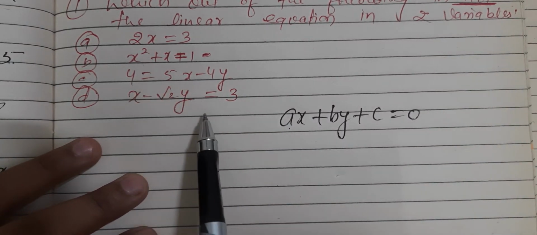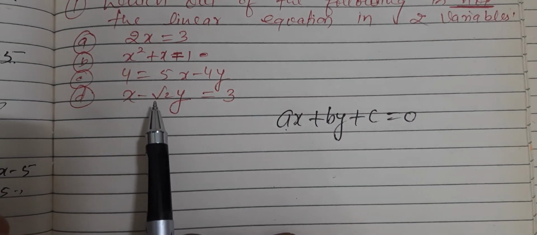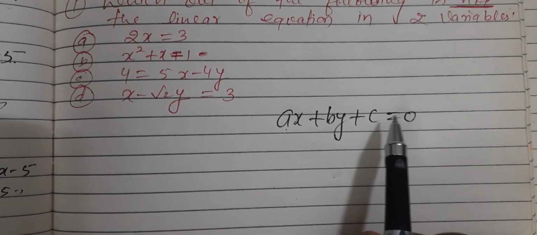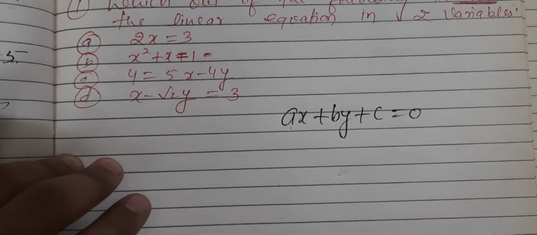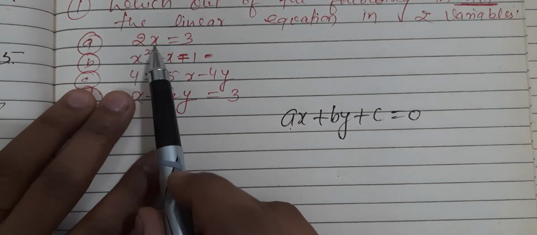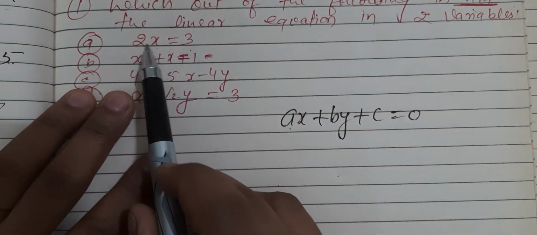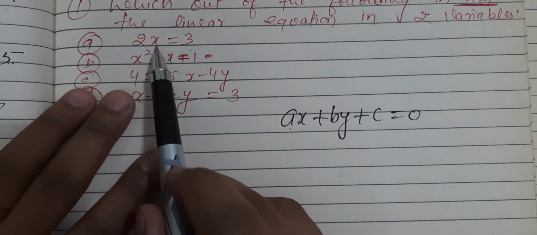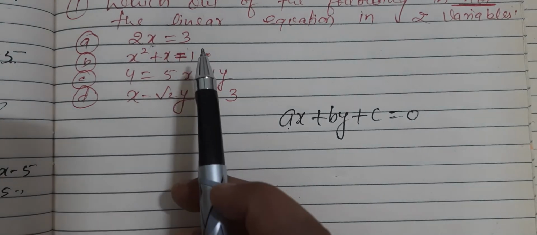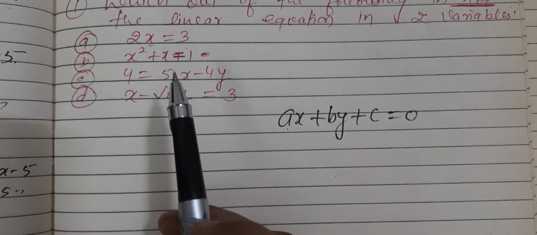All the equations which can be expressed in this form are called linear equations in two variables. If you see the first equation given here, 2x = 3, we can see only one variable, so we will say it's a linear equation in one variable.